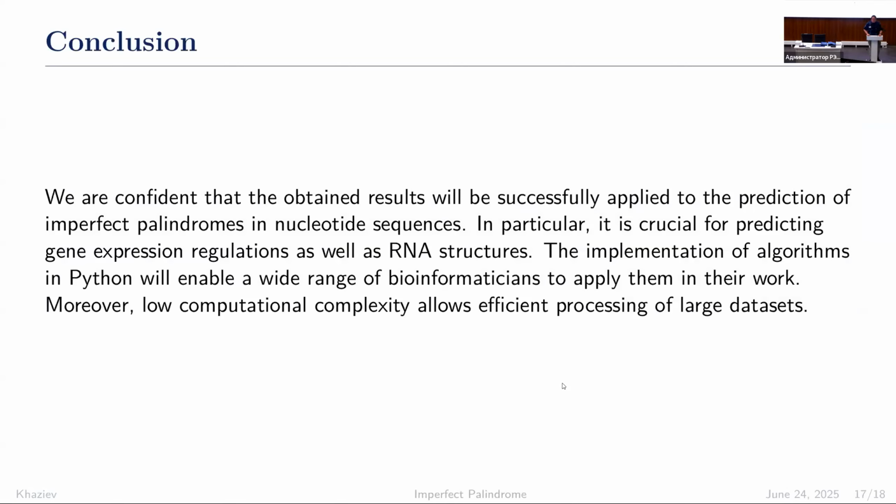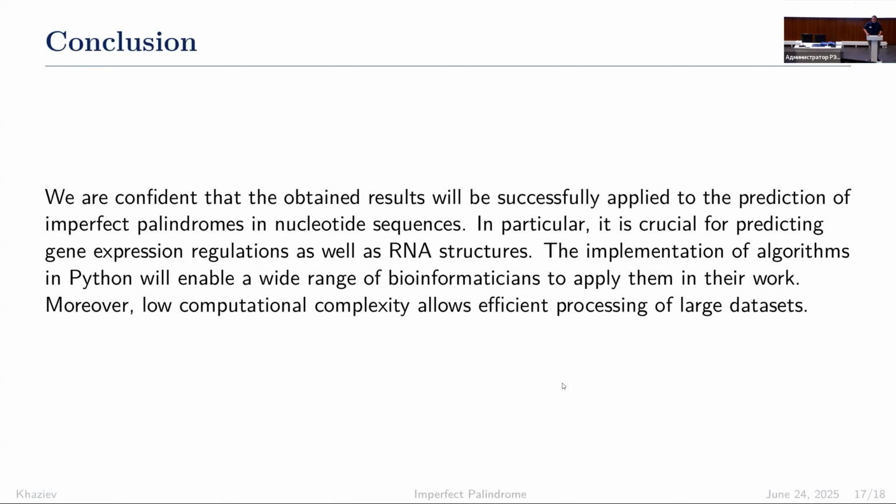So in conclusion, we are confident that the obtained results can be applied to the prediction of imperfect palindromes. We actually did it on some microRNA data, and we're doing it right now on some DNA data. It is crucial to predicting gene expression regulation and RNA structures. And we have implementations of the algorithms in Python.